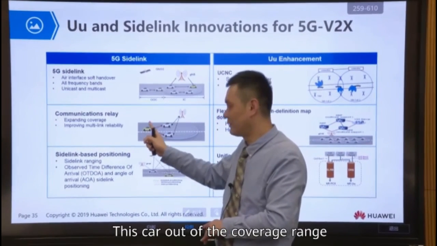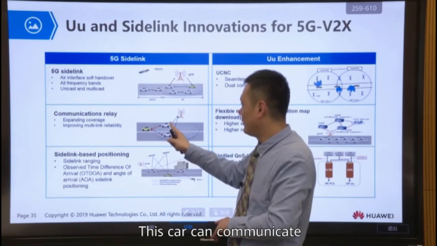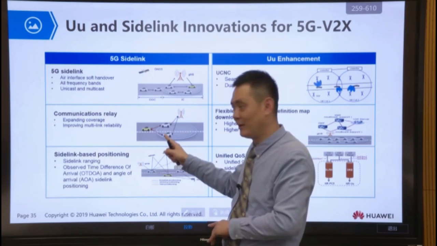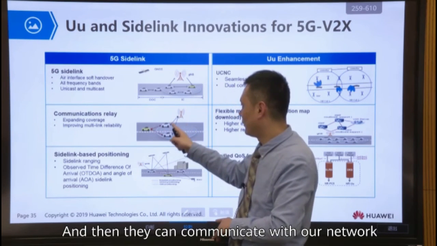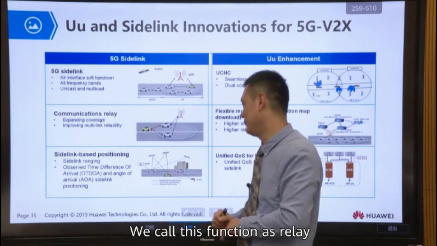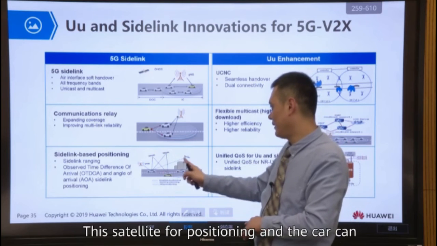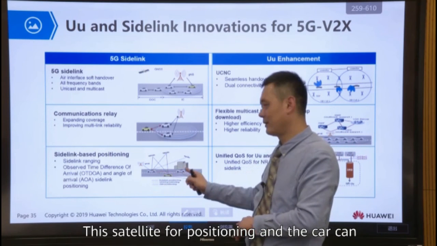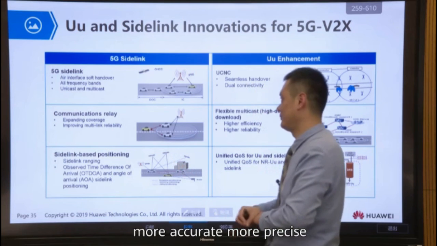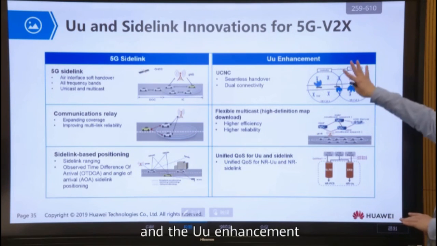It can communicate with the vehicle which is inside the coverage, and then that vehicle communicates with our network. We call this a relay function. And with side link based positioning, a satellite for positioning and the car can help make the positioning more accurate and precise. That's about the 5G side link and the UU enhancement.